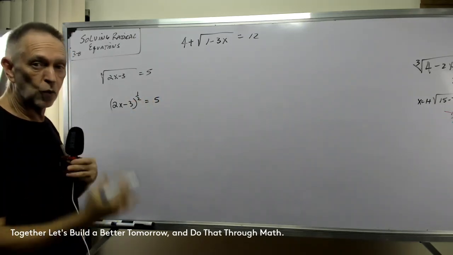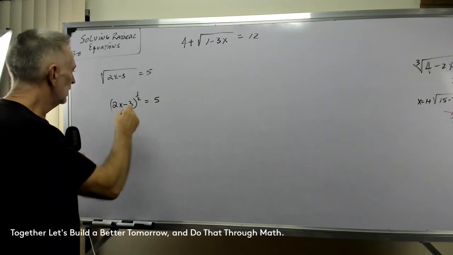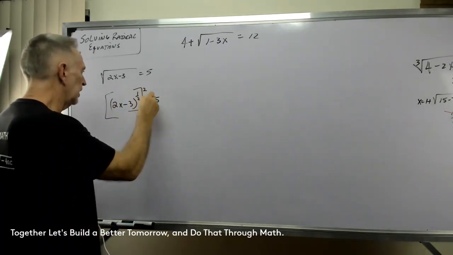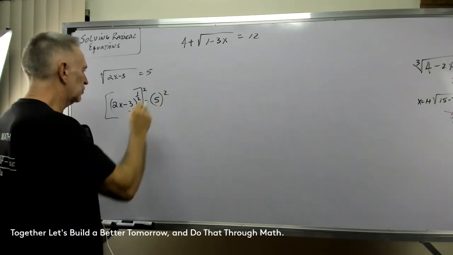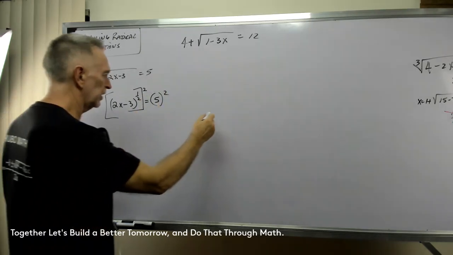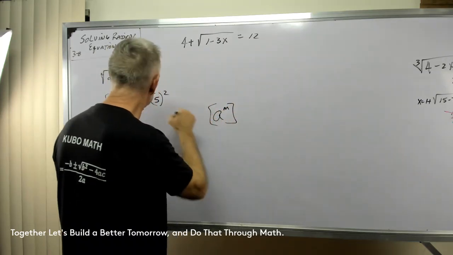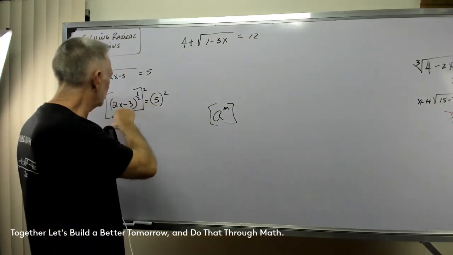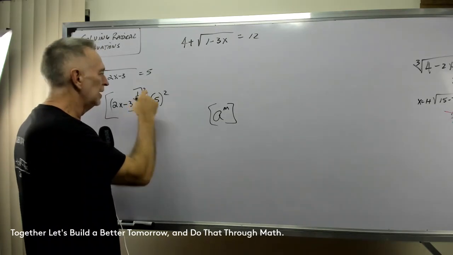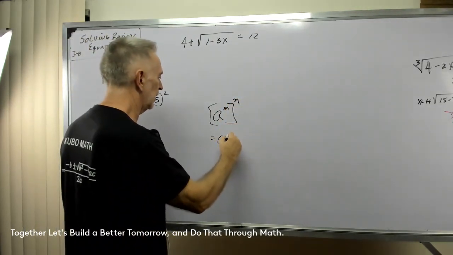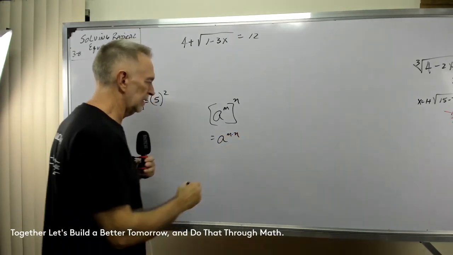Well, if I square both sides, so if I take this and square it, and this and square it, remember the rule here. We had a to the m, and we're going to raise it to the n. Well, that equals a to the m times n.